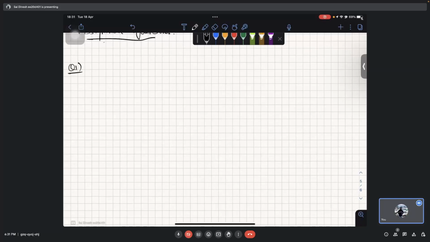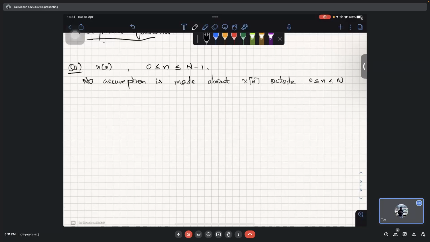Question 1: let x of n be defined over the range of 0 less than or equal to n less than or equal to N minus 1, and no assumption is made about x of n outside that range.